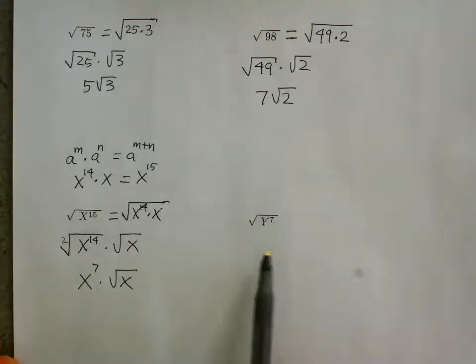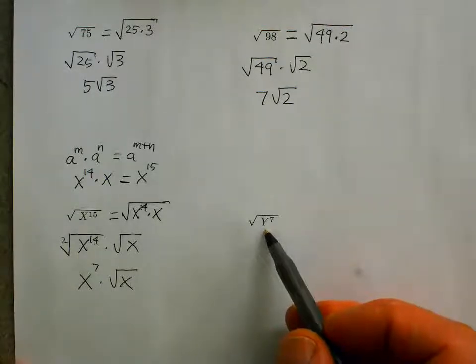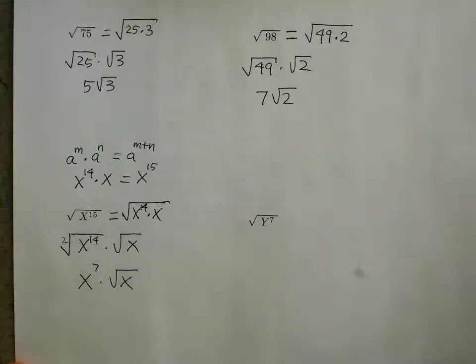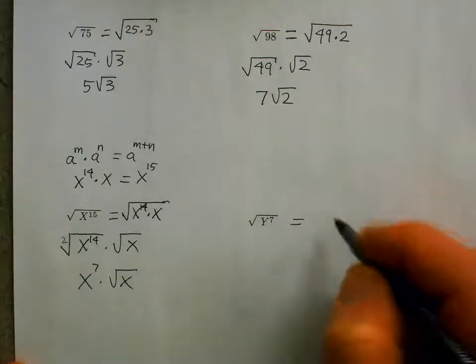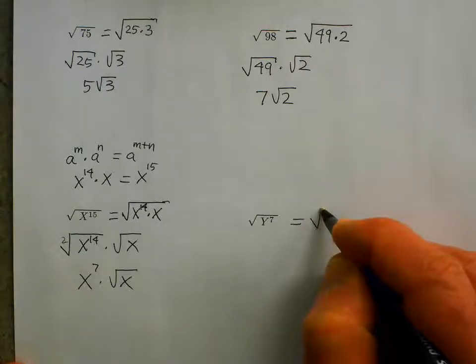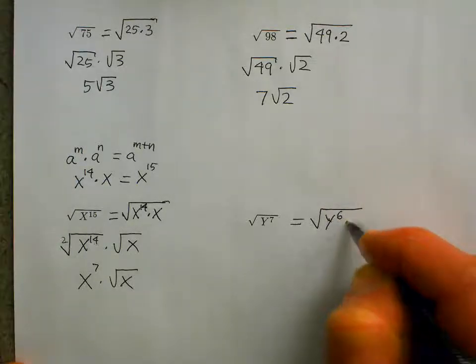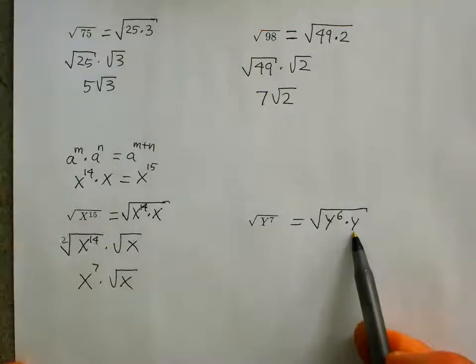Okay, the next one, simplify the square root of y to the 7th. The largest factor of y to the 7th that is a perfect square is y to the 6th. So rewrite the square root of y to the 7th as the square root of y to the 6th times y to the 1st. Y to the 1st is just y.